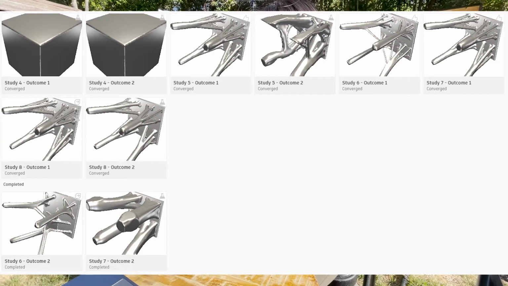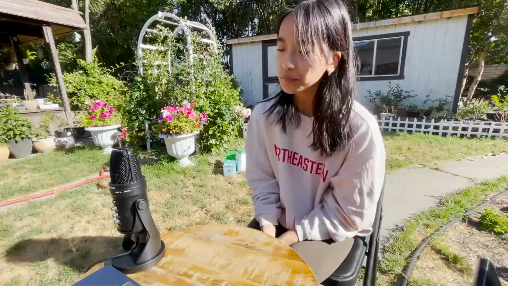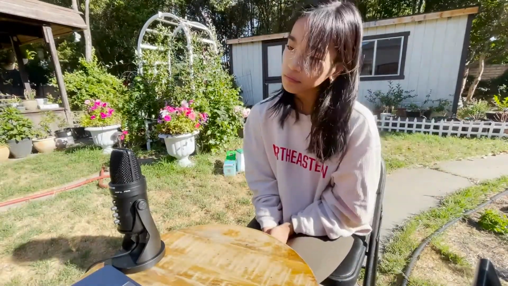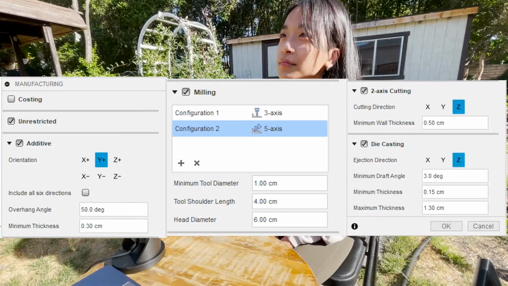At the end of the process, it takes hundreds and thousands of different results and combines them into a select few that are better than the others. Another factor that differentiates generative design from topology optimization is that generative design can take into account manufacturing constraints.